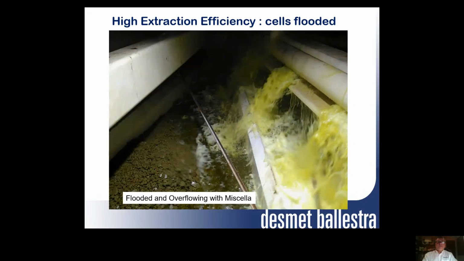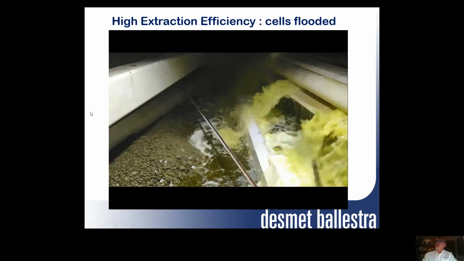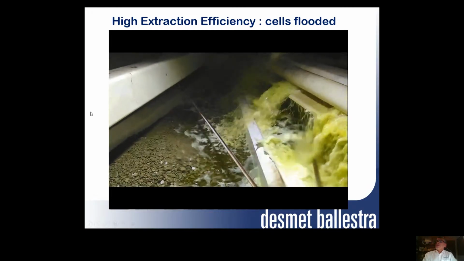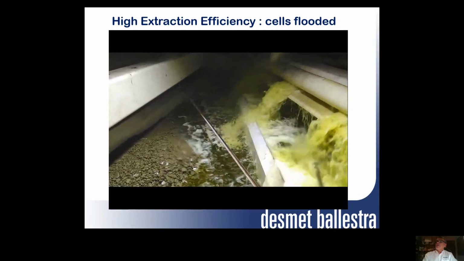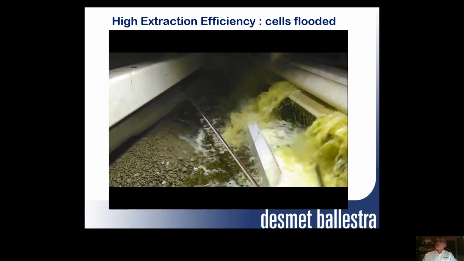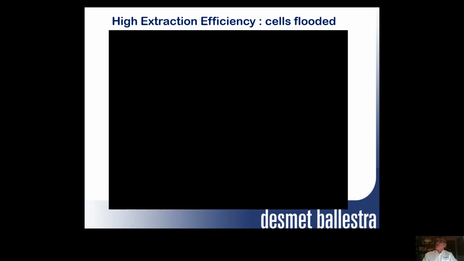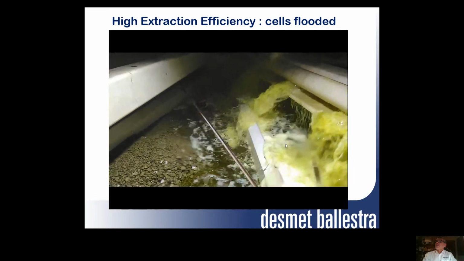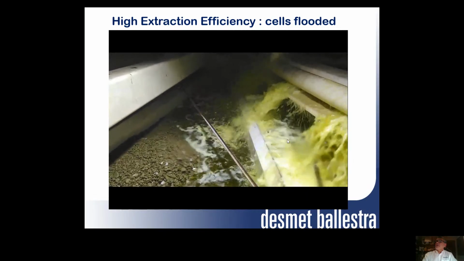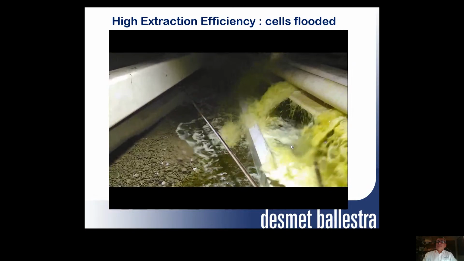Something you can maybe see is this bath, in this case with canola, with grape. The other one is soya, where it's possible to see the material completely flooded by the micella.